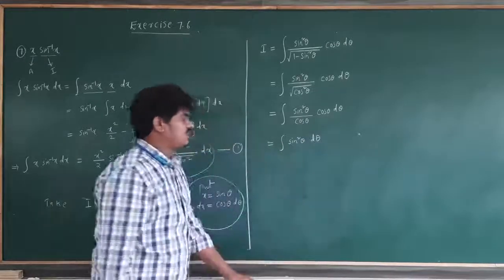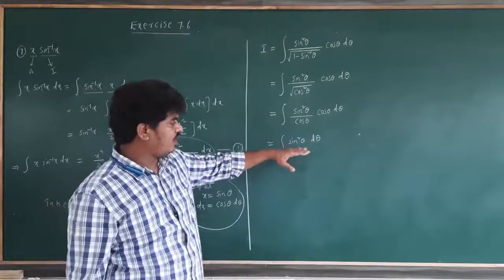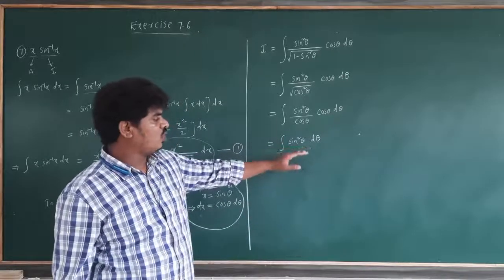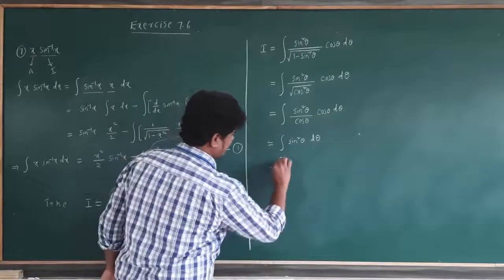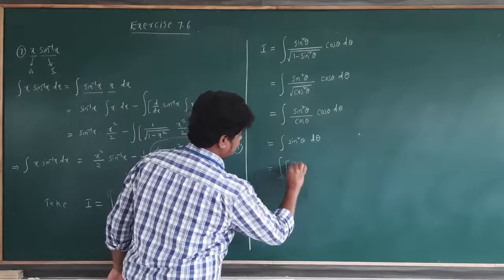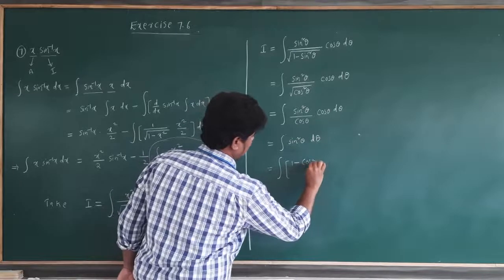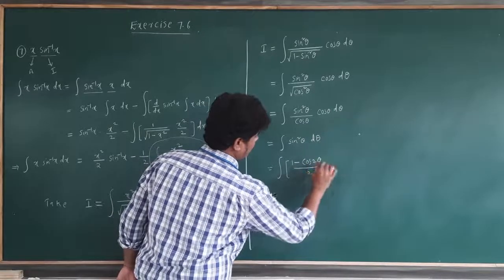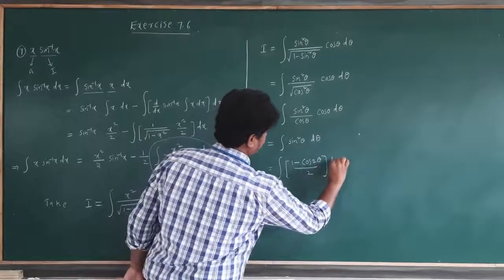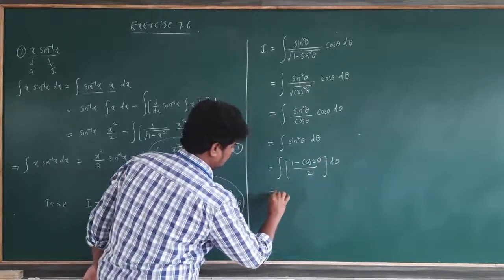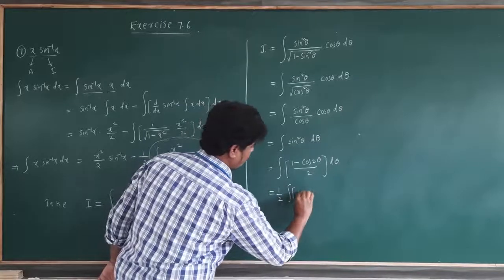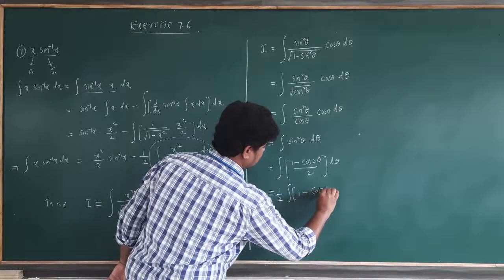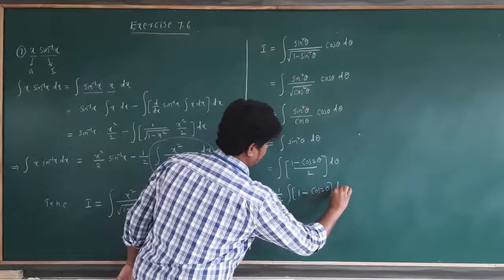Integral of sin square theta d theta. Now we have to use the one formula, which is sin square theta equals 1 minus cos 2 theta by 2. Already it was given. Take this 1 by 2 outside: 1 by 2 into integral of 1 minus cos 2 theta d theta.